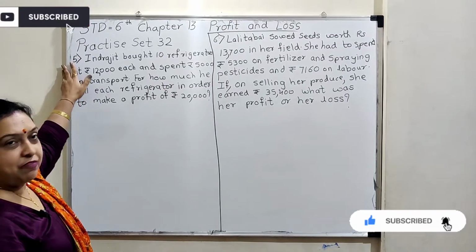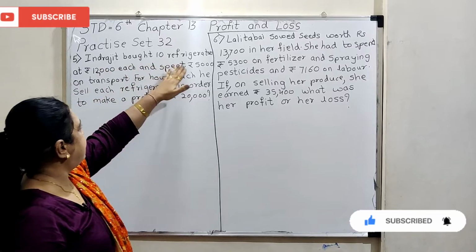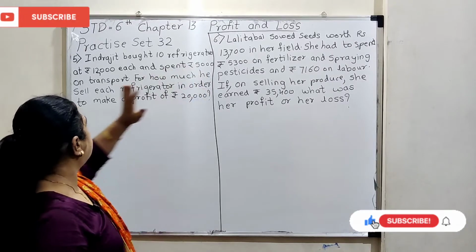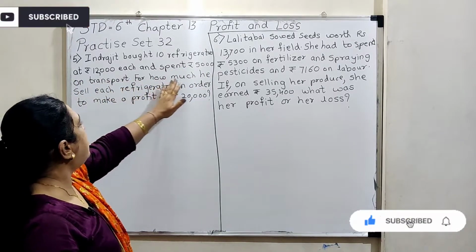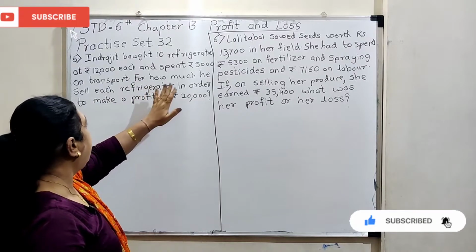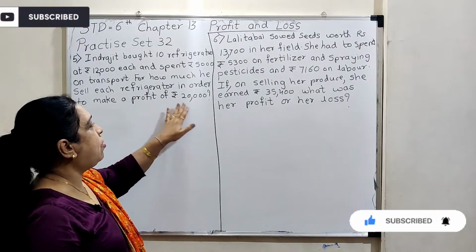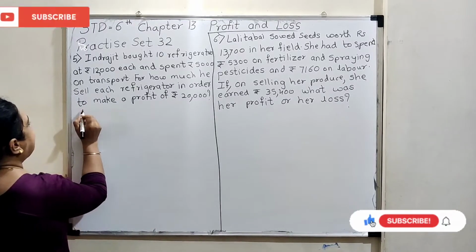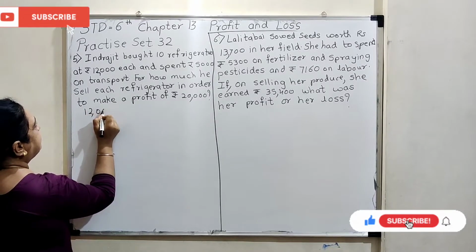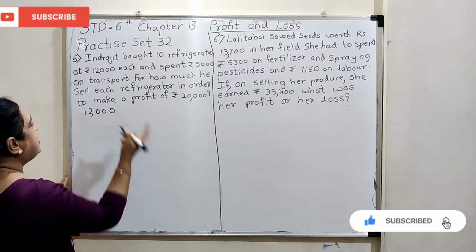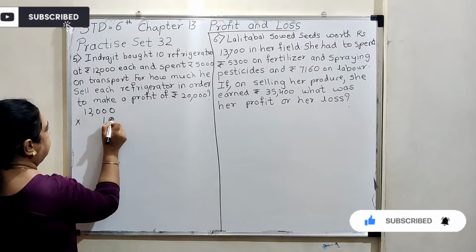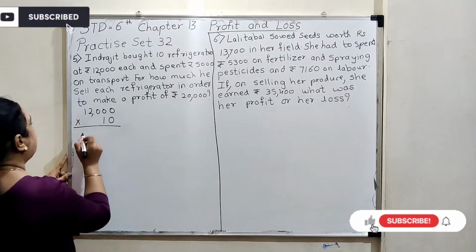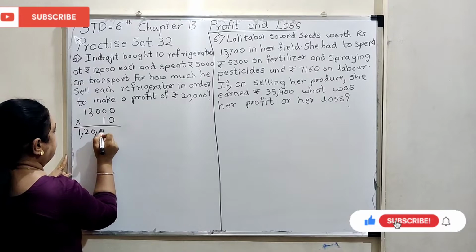Okay, now we'll solve sum number 5. Indrajit bought 10 refrigerators at rupees 12,000 each and spent rupees 5,000 on transport. For how much he sell each refrigerator in order to make a profit of rupees 20,000. So first of all, what is the cost of one refrigerator? Is 12,000. So he bought 10. When we multiply 12,000 by 10, it is how much? 1,20,000.